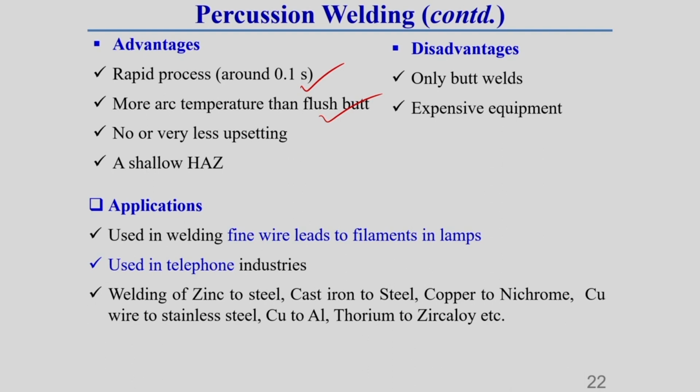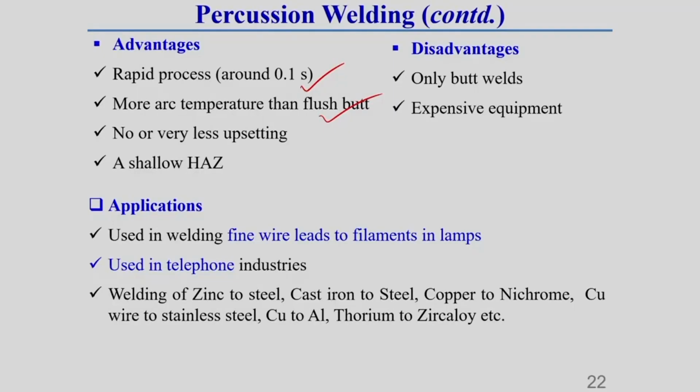So it suddenly releases the energy, and due to this high release of energy, more arc temperature is generated than in flash butt welding. There is no or very little upsetting here, because localized heating takes place, and another advantage is that a very shallow heat affected zone is produced.